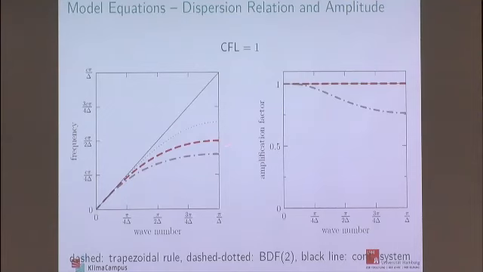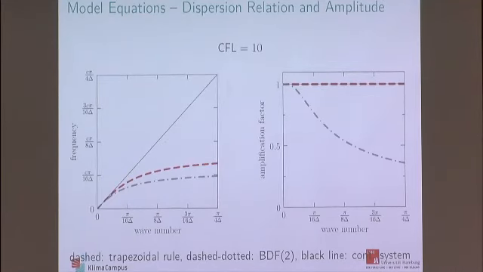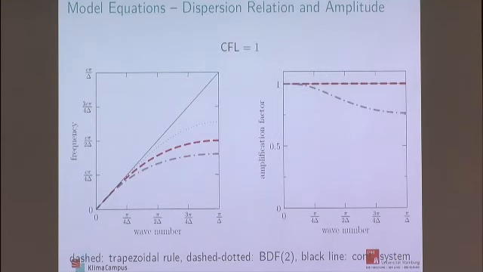We can see that we have a better dispersion relation for the trapezoidal rule, and the amplification factor is such that we have no damping for the trapezoidal rule, but for the BDF2 scheme we do. And this behavior is further amplified if you go to a higher CFL number. So this is for CFL number 10, and also we have a change of scale. This is just 1/4 of what we had before in wave numbers.